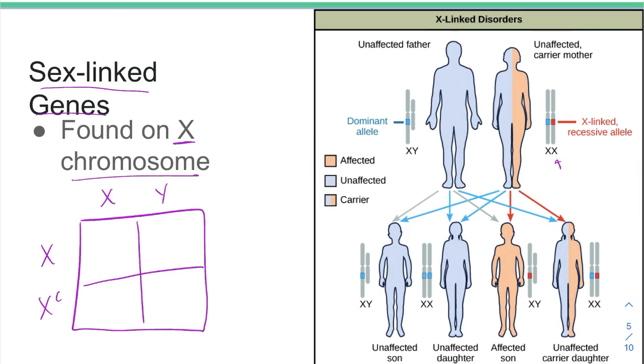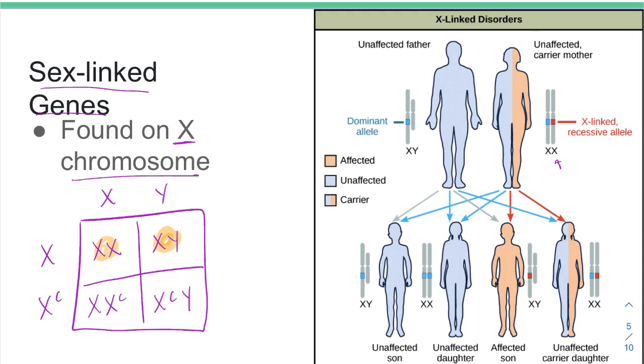Whenever they have children, we can complete this Punnett square. We're going to have a son that is unaffected, that would be this one right here. We could make an unaffected daughter, right here.